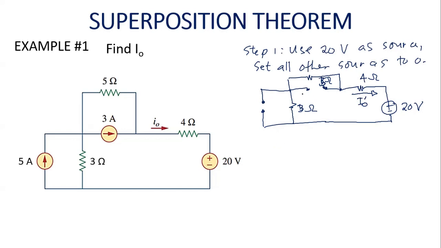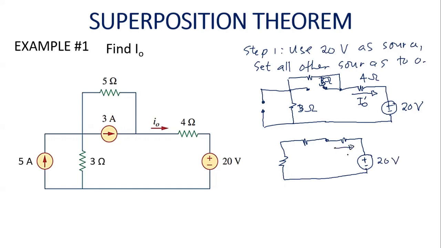The current cannot flow at the open circuited terminal, so it can be neglected. So we can redraw the circuit like this. Why did we neglect the open circuit? Because there is no current flowing into the two open circuited terminals. So it looks like a simple series circuit.